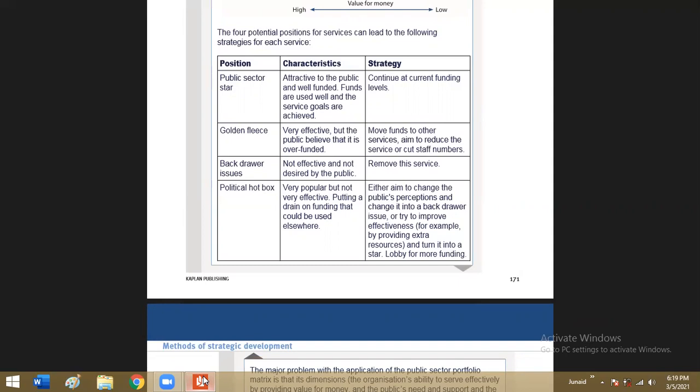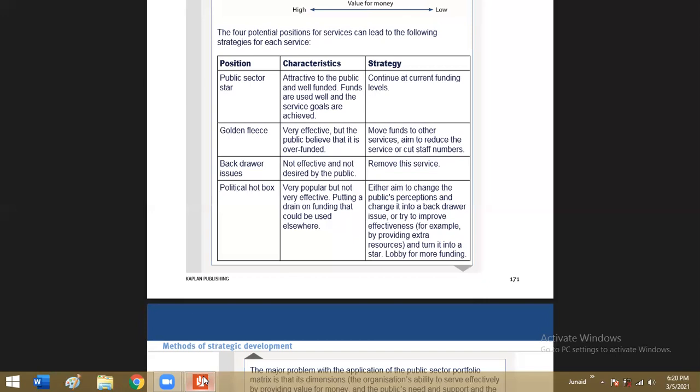Before, I gave you the example of the BCG matrix problem child: if you bear the losses of the problem child and invest more in it, you will get the benefits and it will ultimately convert into a star product. The same is the case here.